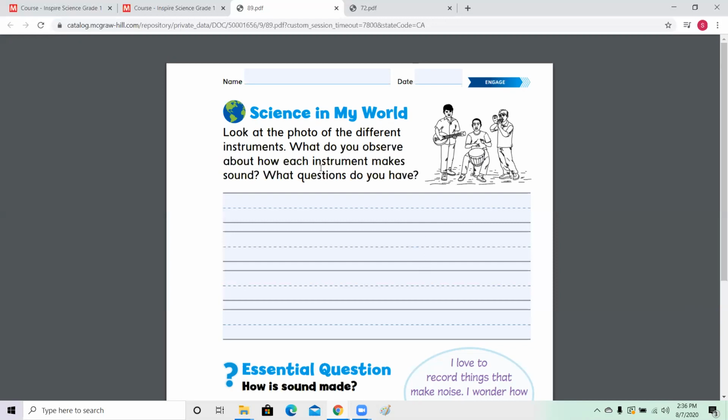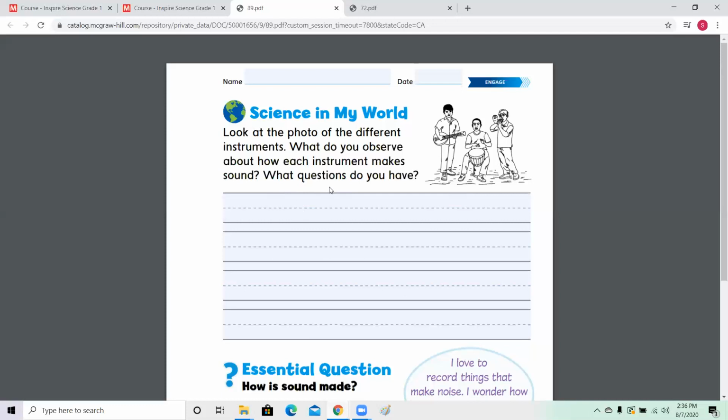All right. So let's put some questions here. Look at the photo of the different instruments. What do you observe? Can you see? Each instrument makes different sounds. All right, do you have a question to put down here?